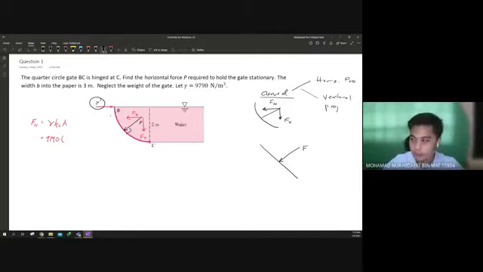This is very important. So when you deal with the force in the horizontal, you must look at the vertical projection. When you do the force in vertical, you must look at the horizontal projection. It is vice versa.